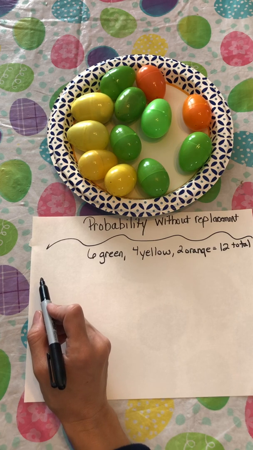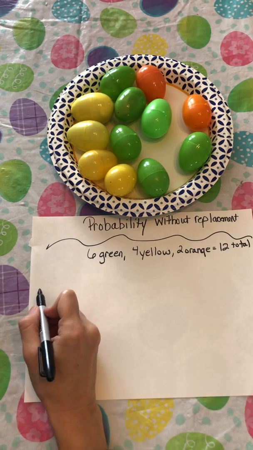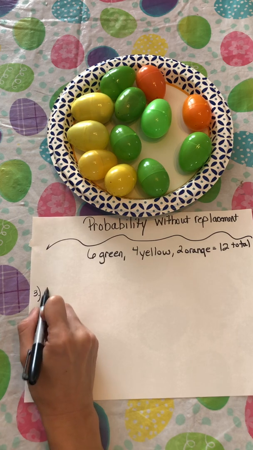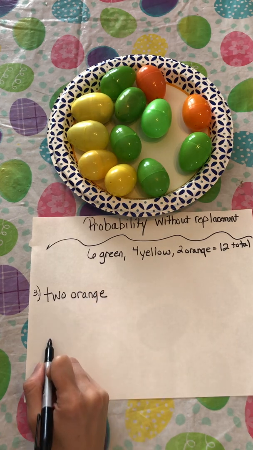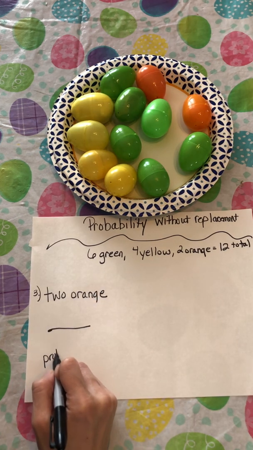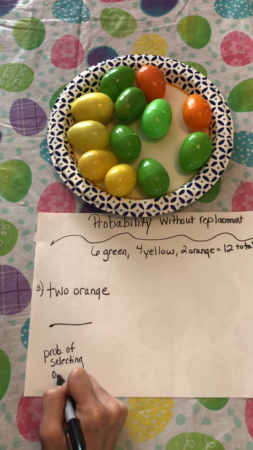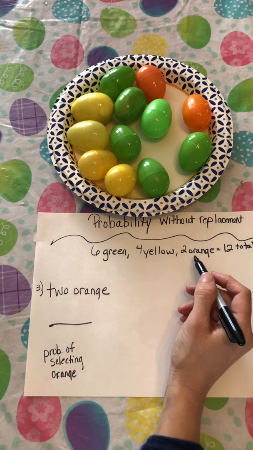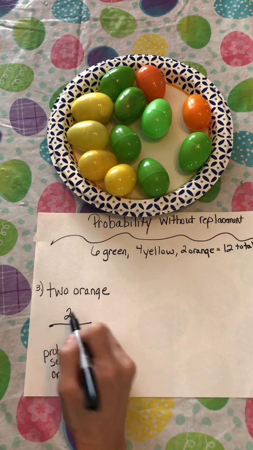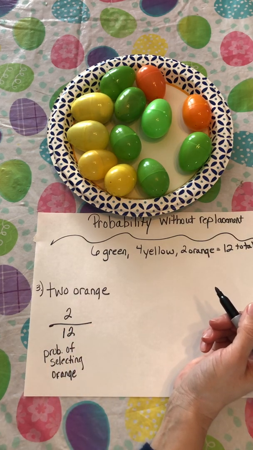So for this example, we're going to go over what is the probability of selecting 2 orange. We see that we have 2 orange. So we will put 2. We have 2 out of 12 chances of selecting an orange.